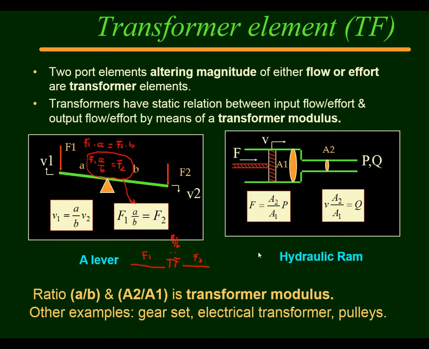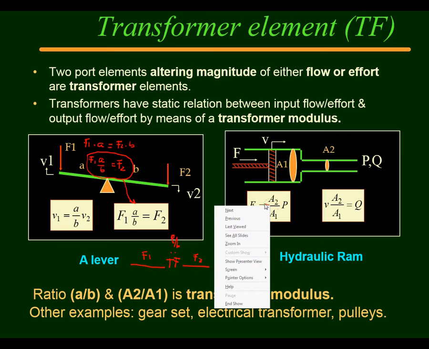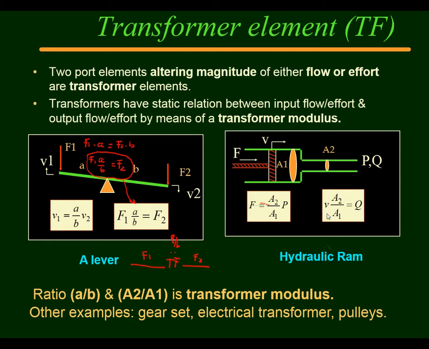Okay, the opposite is true on this. You see here the force is going to be A2 over A1 times P. Okay, so this again, you have this would be TF, where the modulus in here would be A2 over A1, and then this would be F, and then P on this side.